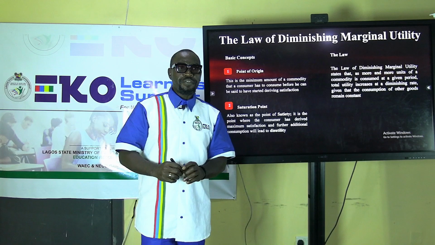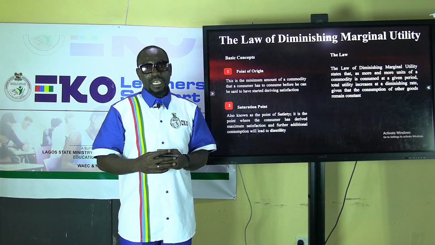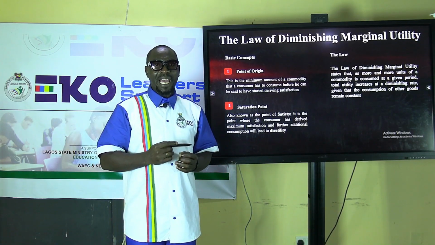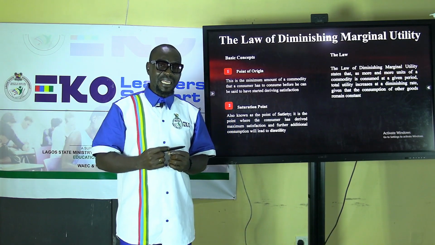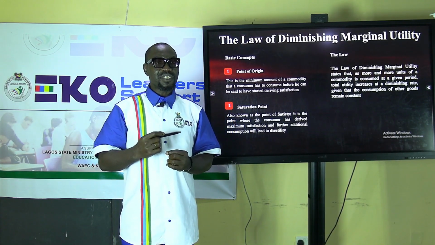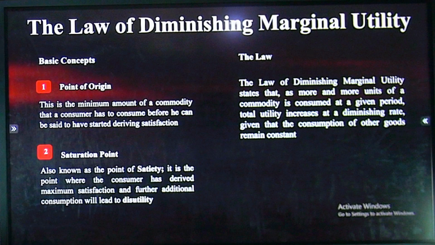Meaning that if I am to consume 10 apples, the satisfaction I get when I consume the first one is not the same as the satisfaction that I get when I consume the second one. It will not be the same satisfaction I will derive by the time I'm consuming the 5th, the 6th, and the 9th one. But beyond that, it states that the increase in satisfaction that I get by consuming more and more units will be at a diminishing rate.